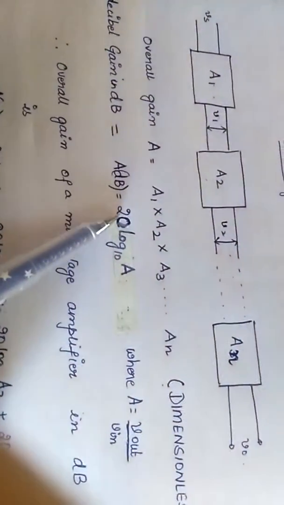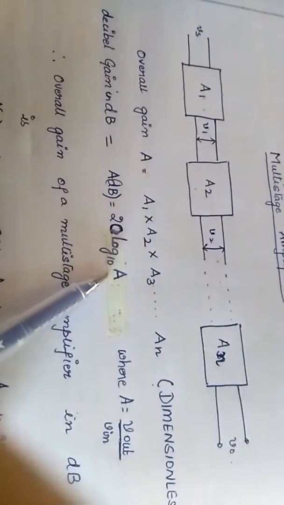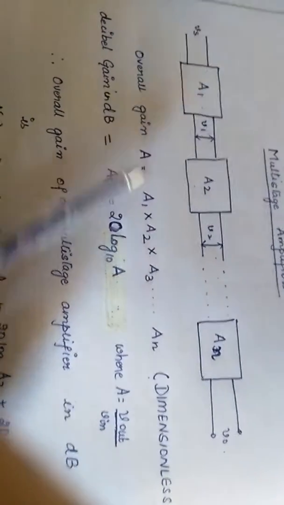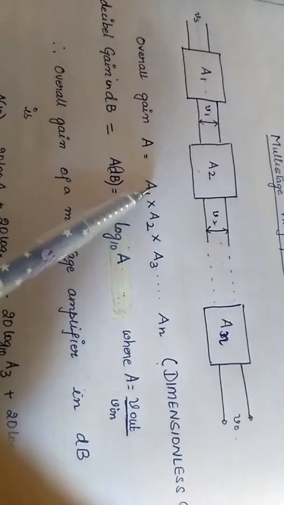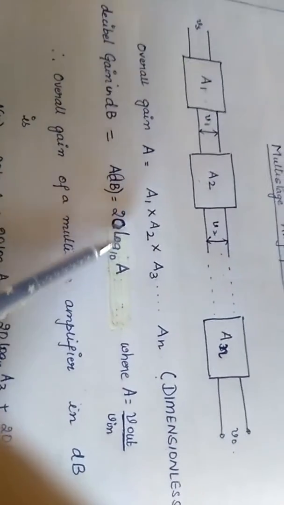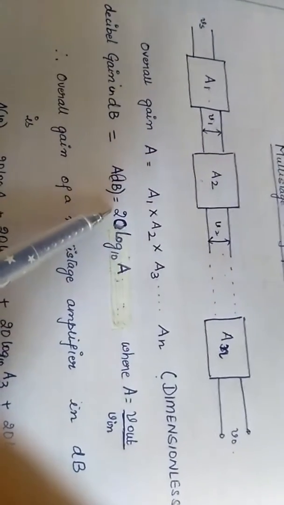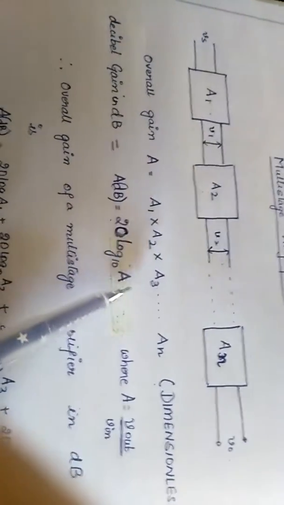It is 20 into log to the base 10 of A. What is this A? A is the overall gain, or if you want to find the individual decibel gain of the first stage, it will be 20 into log to the base 10 of A1, and 20 into log to the base 10 of A2 will be the decibel gain of stage 2.